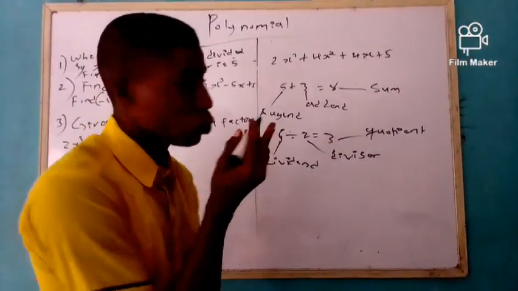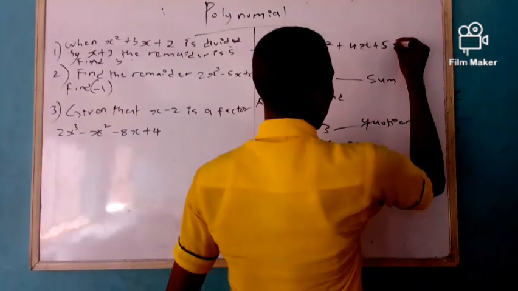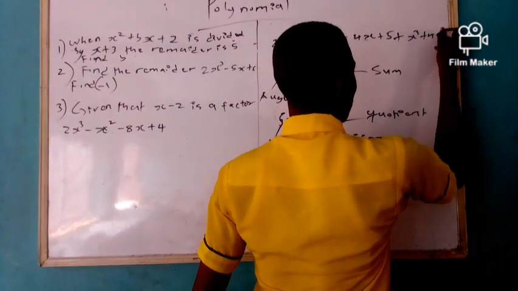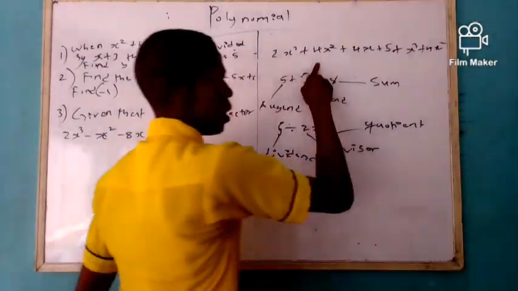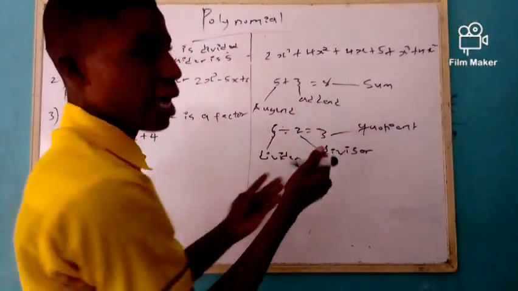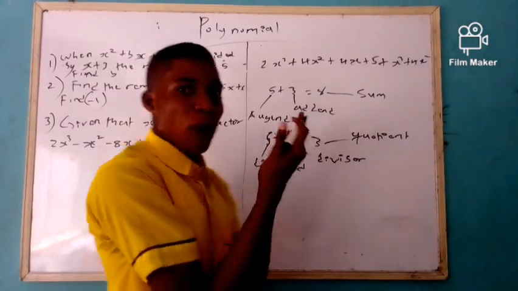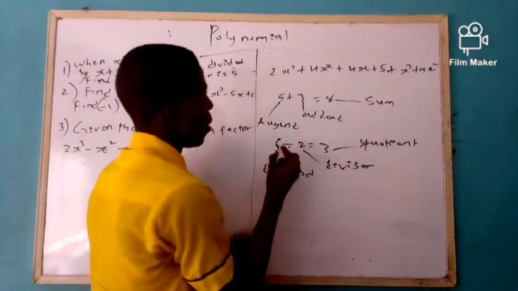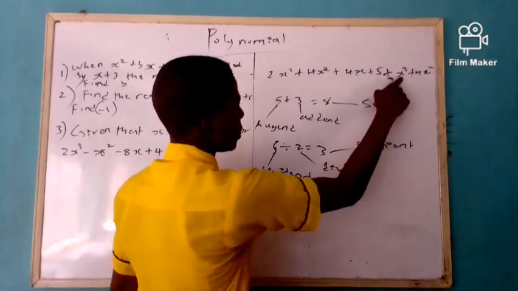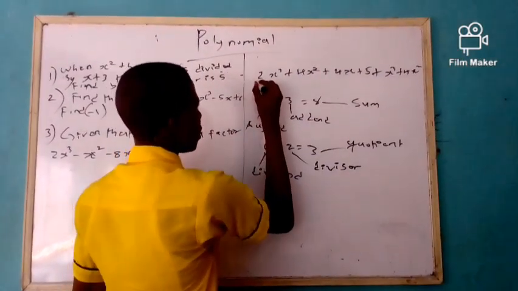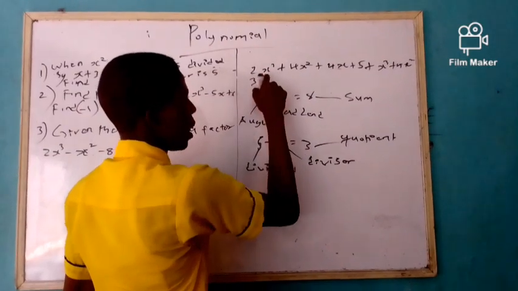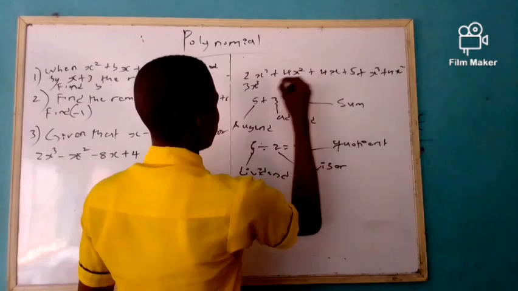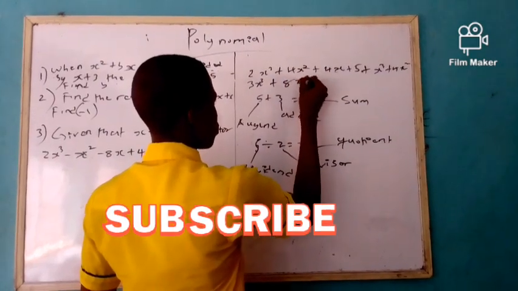So if you want to add two polynomials together, let's say the polynomial is x^3 plus 4x^2. If I want to add this polynomial to this polynomial, what will I do? I will simply add the like terms together. 2x^3 and x^3, that's 3x^3. 4x^2 plus 4x^2, that is 8x^2.